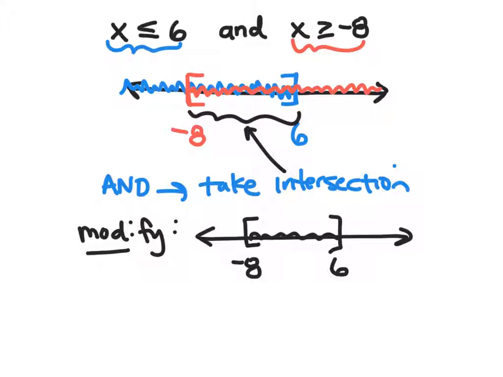If you want to write this final solution in interval notation, we will start off with a bracket, then -8, separated with a comma from the 6, and end with a bracket. And this is the way we solve an absolute value inequality analytically.